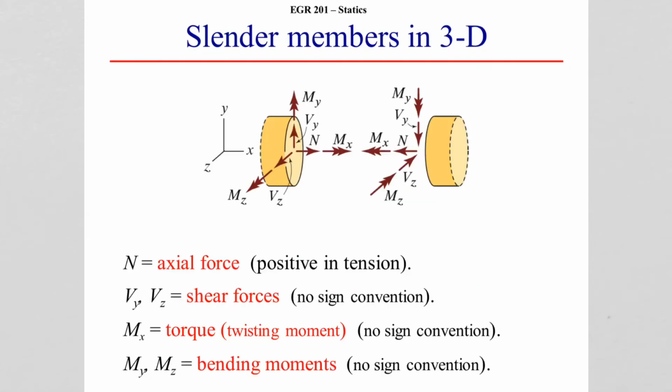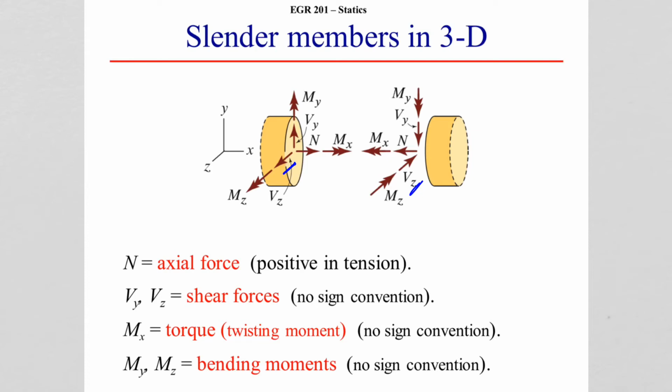In 3 dimensions, we have the same ones that we talked about in 2 dimensions, but we add some other components to it. We still have our normal axial load that we have on here. We have our shear in the VY direction, so they're equal and opposite, but we're adding with shear also something in the Z direction.